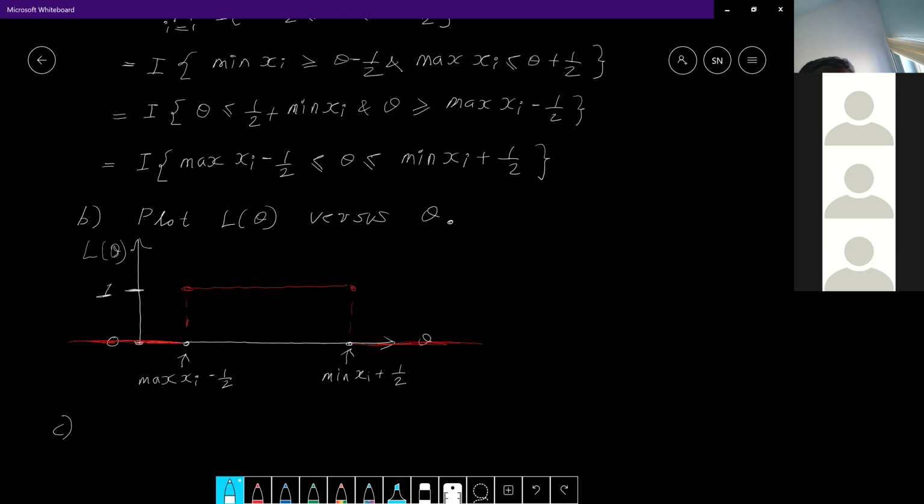In other words, the graph takes the value 1 anywhere between this point and this point, right?